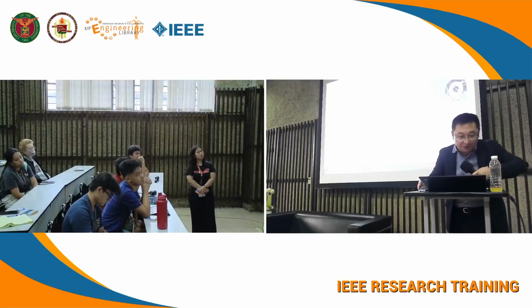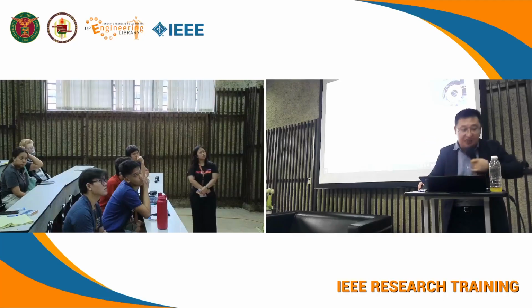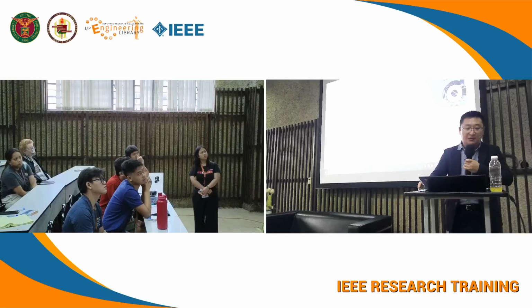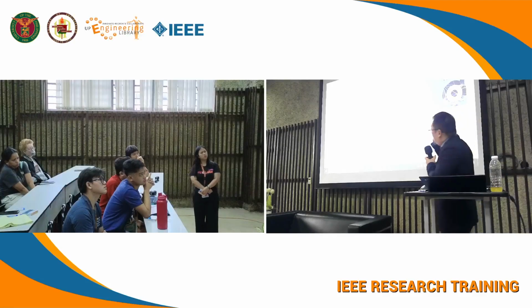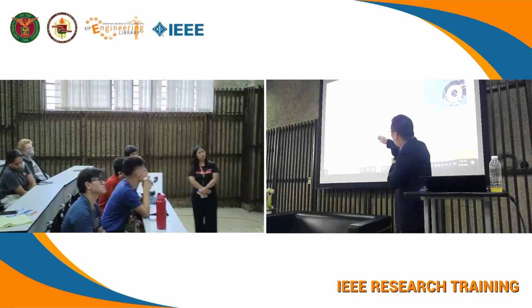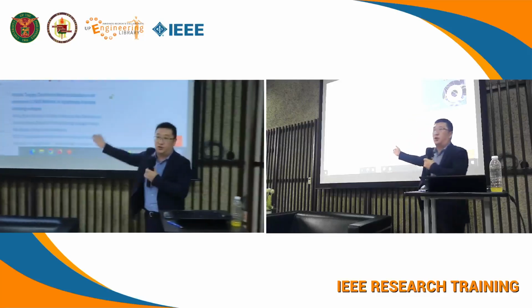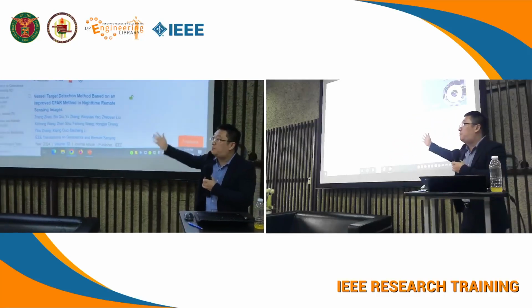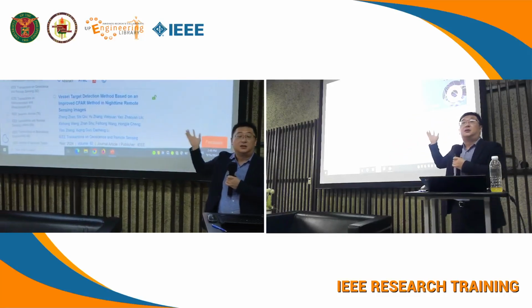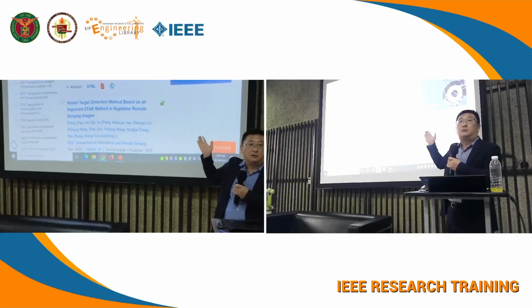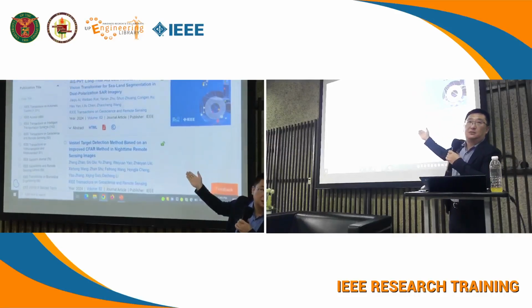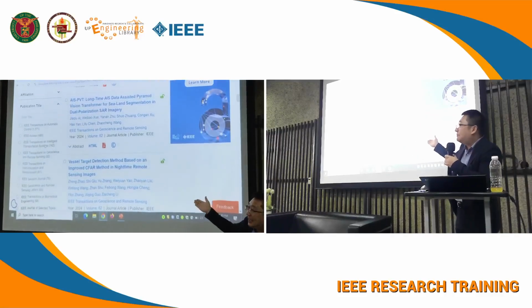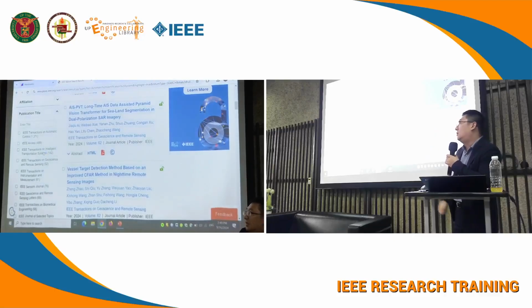We have IEEE Access, IEEE Transactions on Automatic Control, Transactions on Intelligent Transportation Systems, Geoscience and Remote Sensing, Instrumentation and Measurement, Sensors Journal. So these journals publish papers which cover this research subject. If your paper is on this same research subject, you can consider any of these journals.